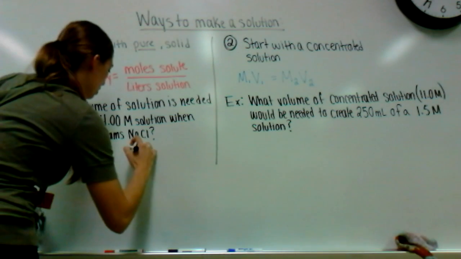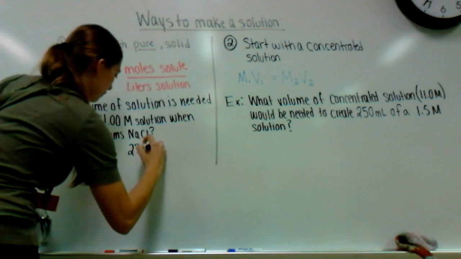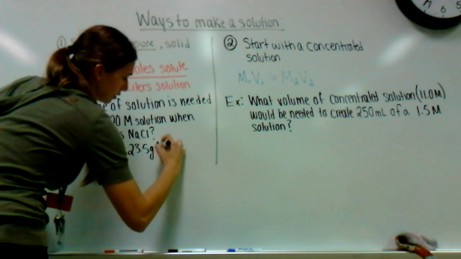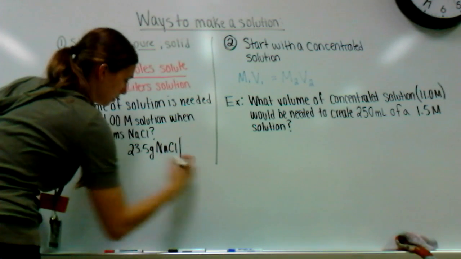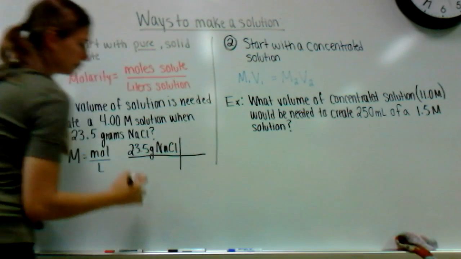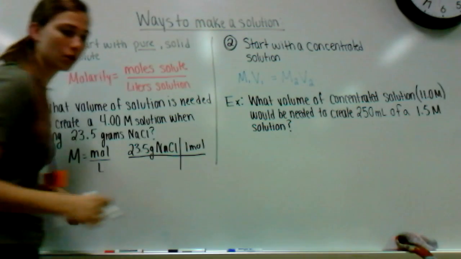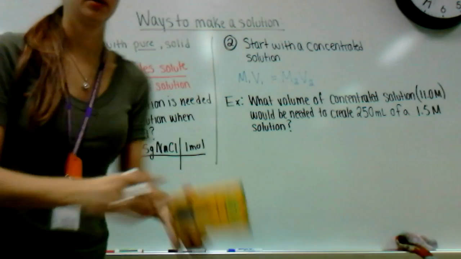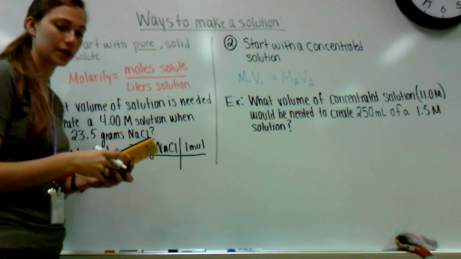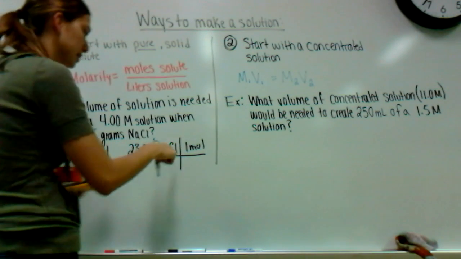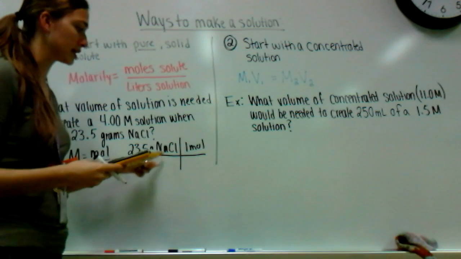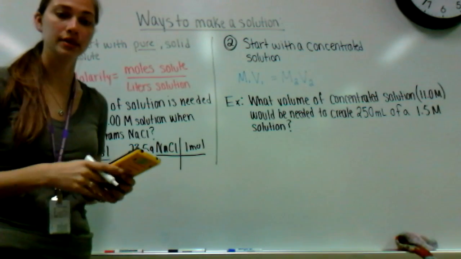So we're starting with 23.5 grams NaCl. We want to convert it. So we're going to go to 1 mole divided by the molar mass of NaCl. And just for a little reminder, in order to get your molar mass of NaCl, you have to add together the molar masses of both elements.